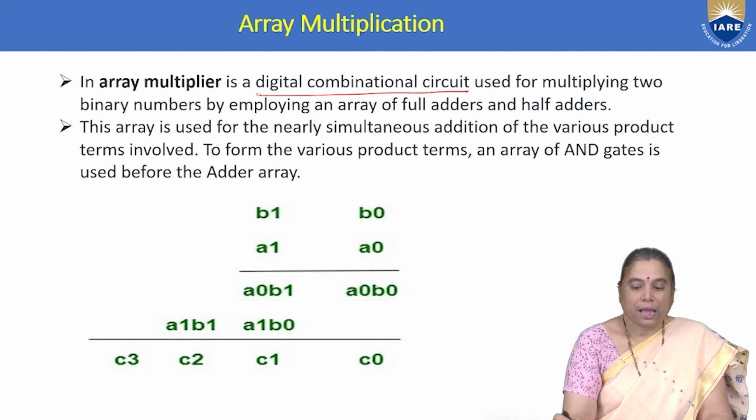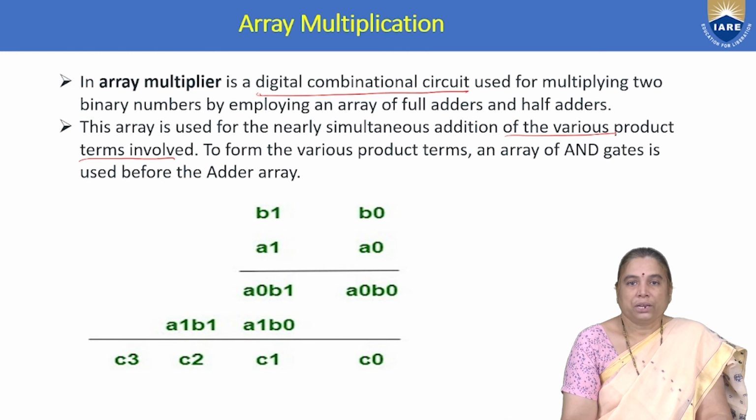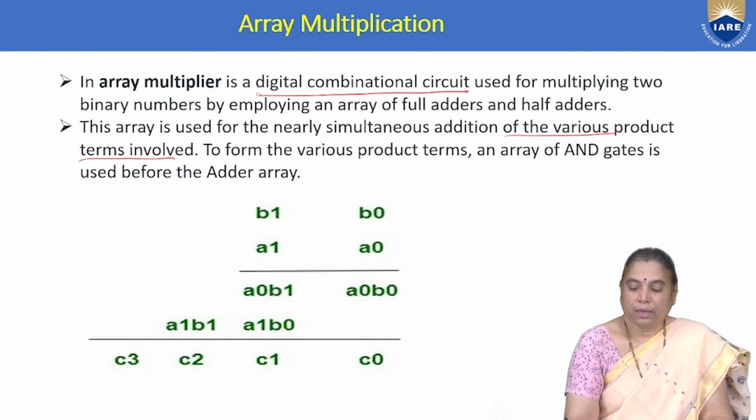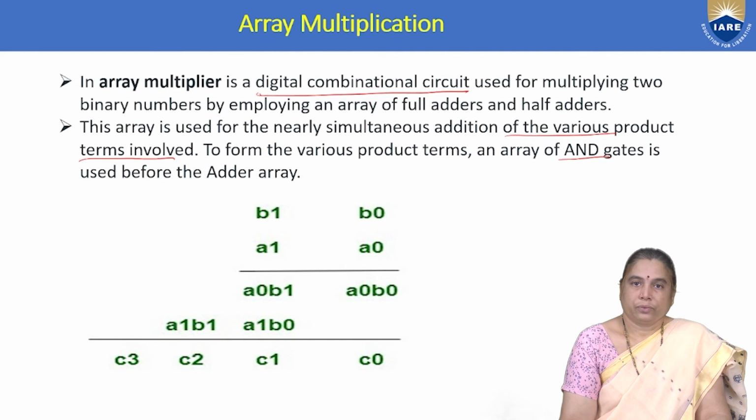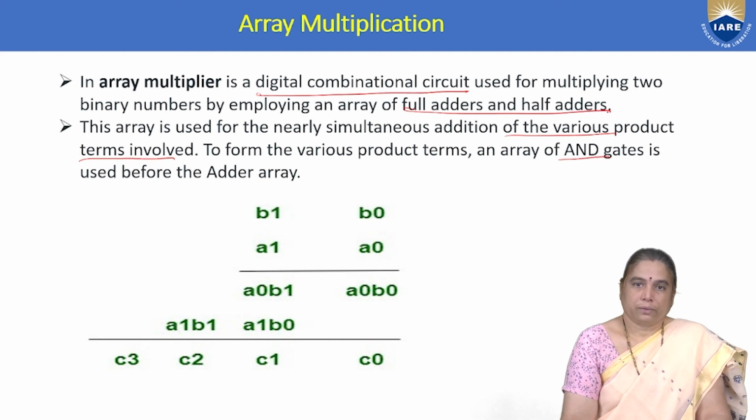Here the array is used for the nearly simultaneous addition of various product terms involved. The partial products have to be stored in the array, and these product terms are developed by using AND gates. After that, these terms are added with full adders and half adders.